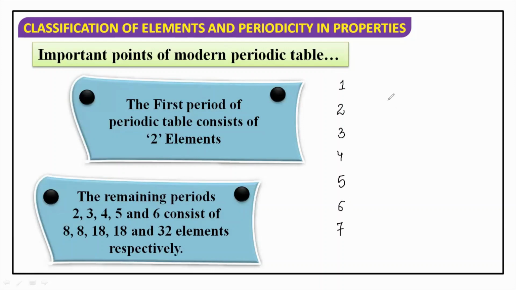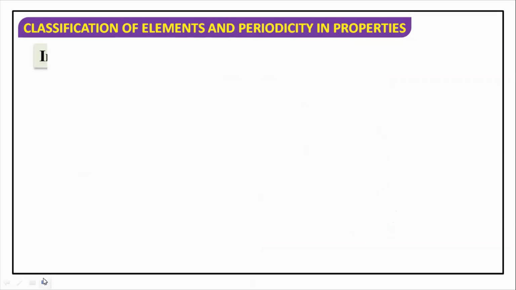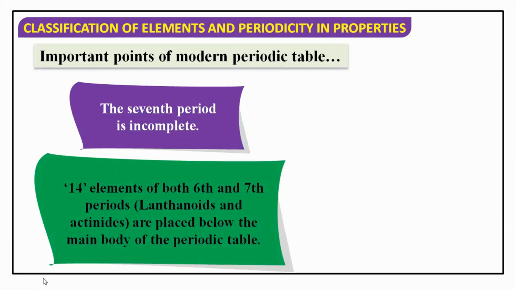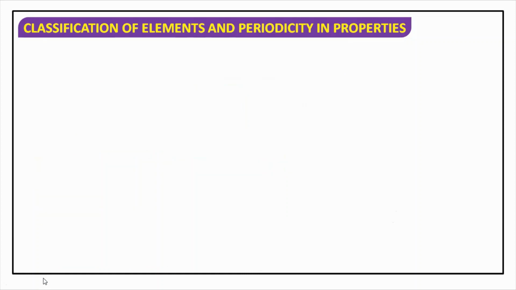The 6th period has 32, and the 7th period is still incomplete. 14 elements each of the 6th and 7th periods are placed in the f block, which is the lanthanoids and actinoids.